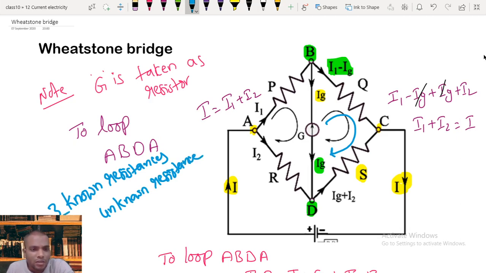By using the three known resistances, I need to find the unknown resistance with the help of the galvanometer.